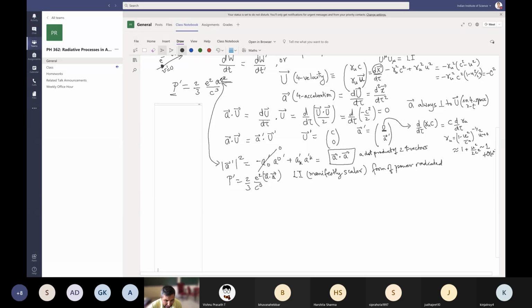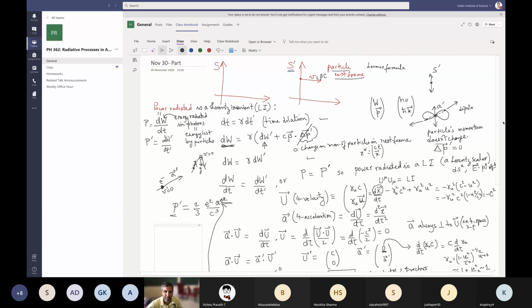Now you can calculate this a dot a in whatever frame you like, but this was motivated from the rest frame expression for Larmor power. Now, suppose you're doing an experiment and measuring acceleration in the lab frame, where your particle is accelerating.